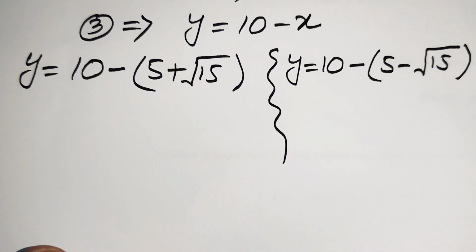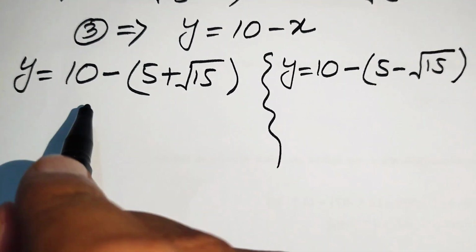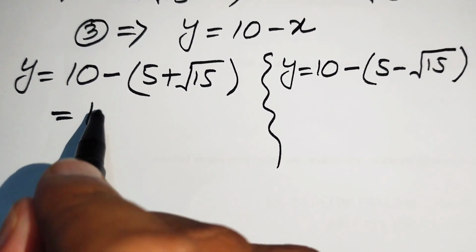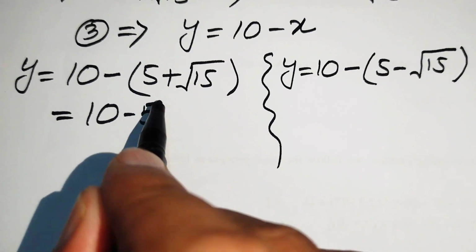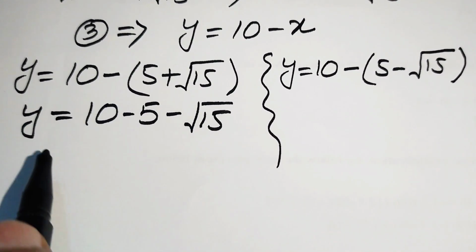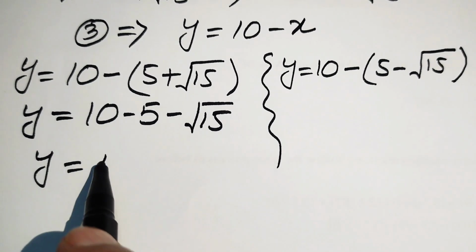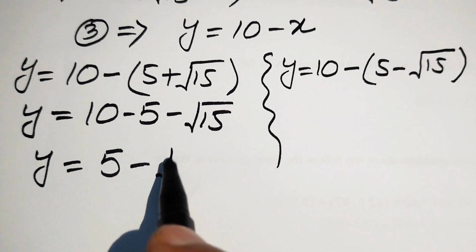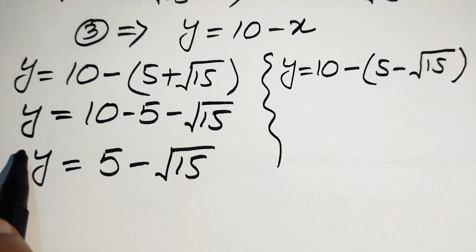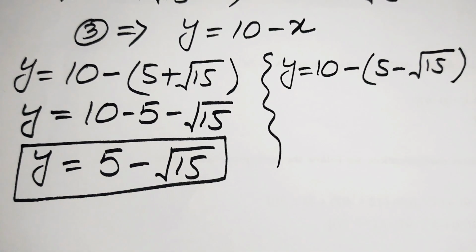Now in the next step, we multiply this minus sign on both of these terms and it will be written as 10 minus 5 minus square root of 15, and we simplify this term and get the value of y equals 10 minus 5 becomes 5 minus square root of 15. So this is the value of y.